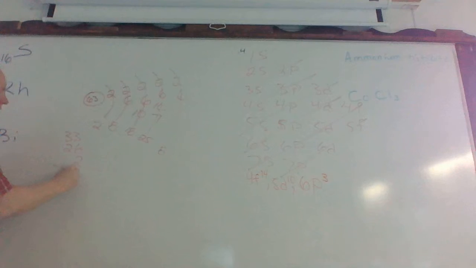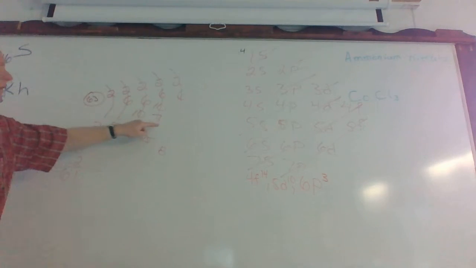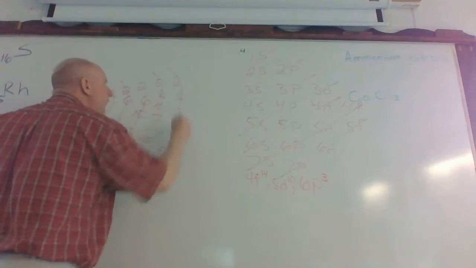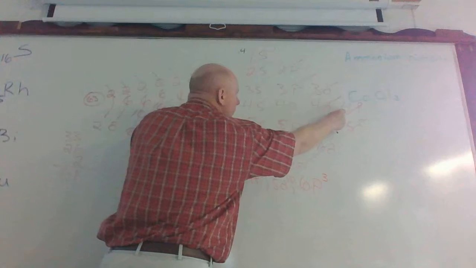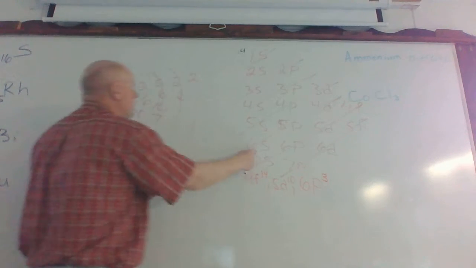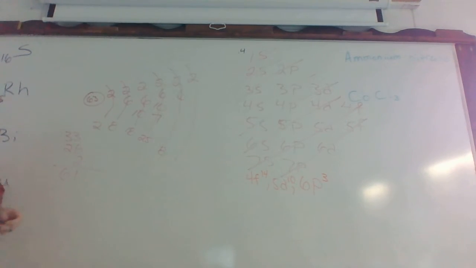Okay. 9, 11, 1, 4, 2, 6. Why are we off by 2? We jumped all the way over to there. We forgot about our 6s2. There we go. Okay.